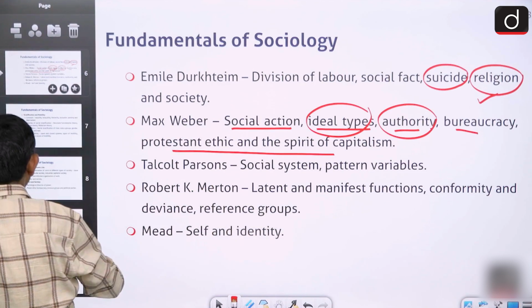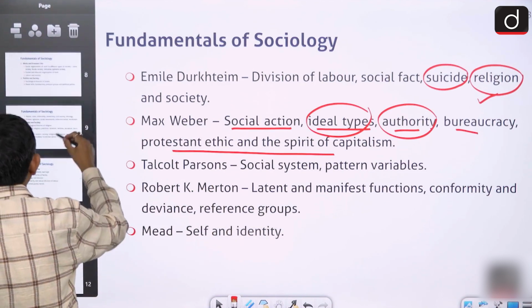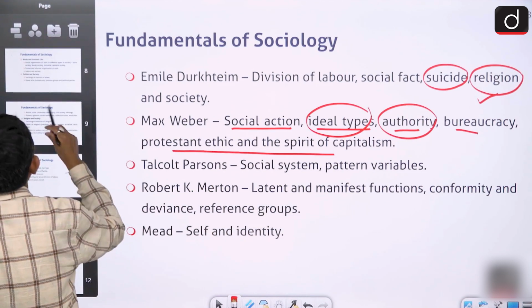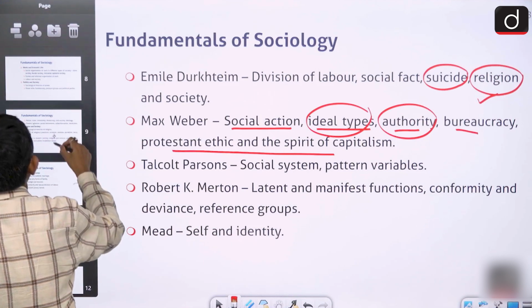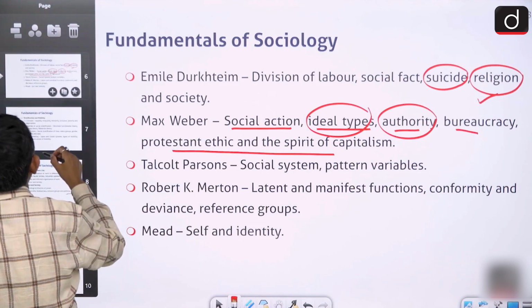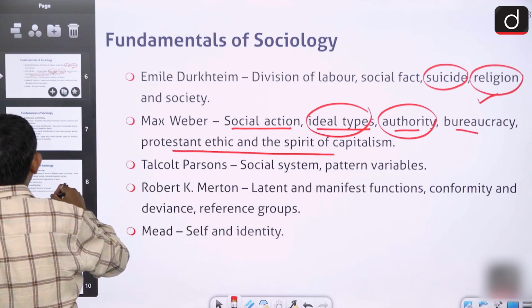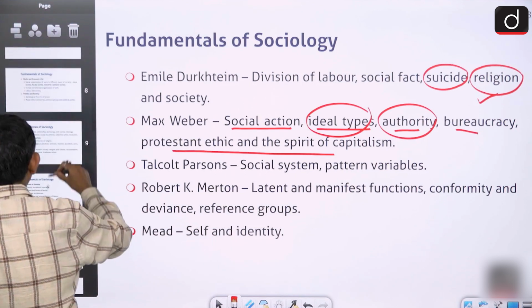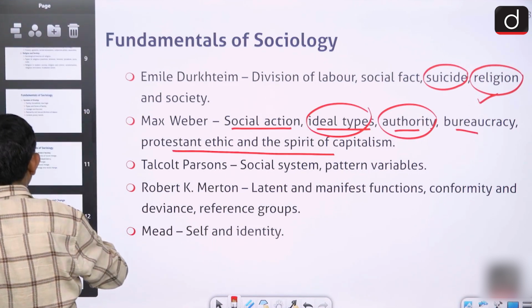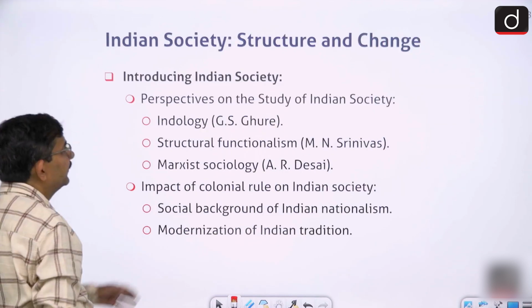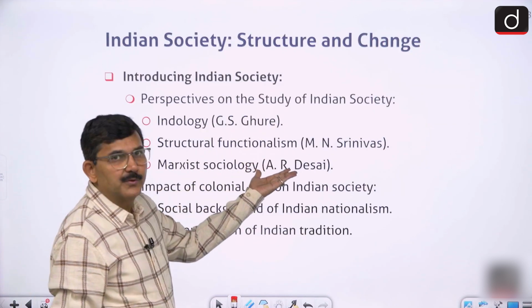Now coming to paper 2. When we see the topics, you find even thinkers are there in paper 2 as well.